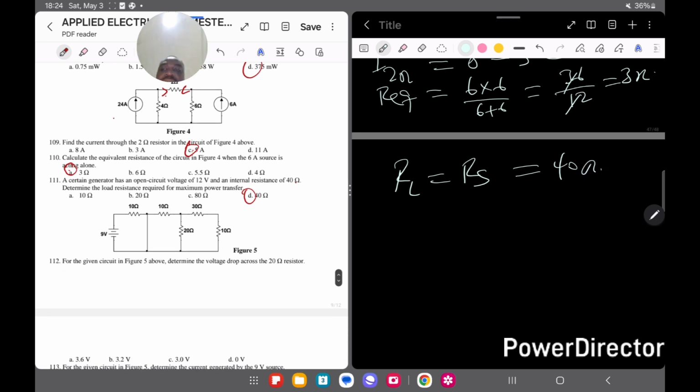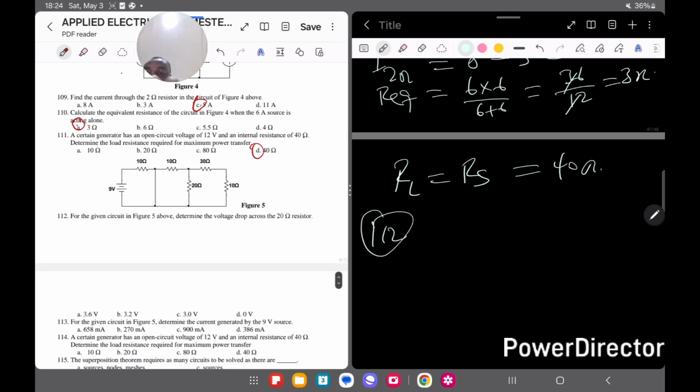Moving to question 112. For the given circuit in figure 5 above, determine the voltage drop across the 20 ohms resistor. So this question has to do with short circuit. If you understand short circuit, this becomes easy for you. Why?